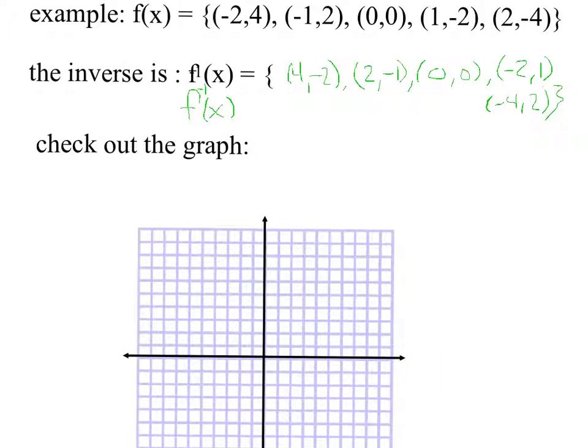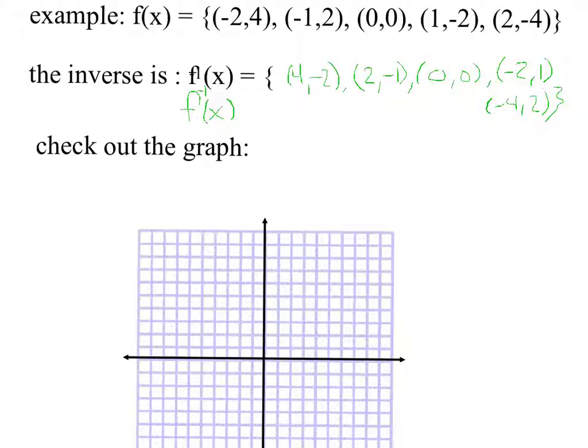Now we want to look at the graph and see what happens when you have this. So I'll start by graphing the top one, and I'll graph those in black. So the original was -2, 4. I don't have my pen, so it's kind of hard for me to do these dots. And then -1, 2, 0, 0, 1, -2, and 2, -4.